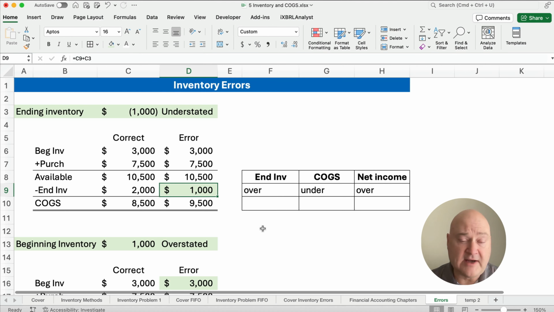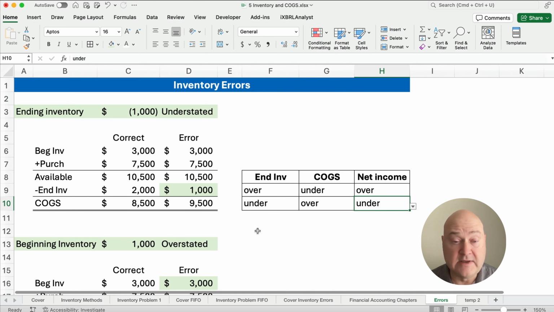So we see that our cost of goods sold is going to be too high. So if our ending inventory is understated, our cost of goods sold is going to be too high or overstated. And our net income then, if the cost is too high, then our net income is going to be too low. So the effect of ending inventory affects cost of goods sold and then net income.